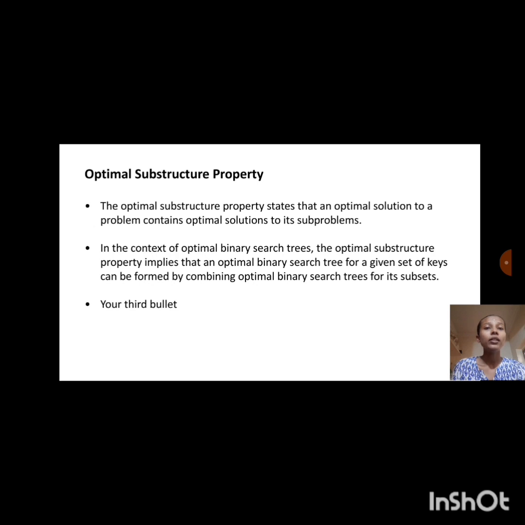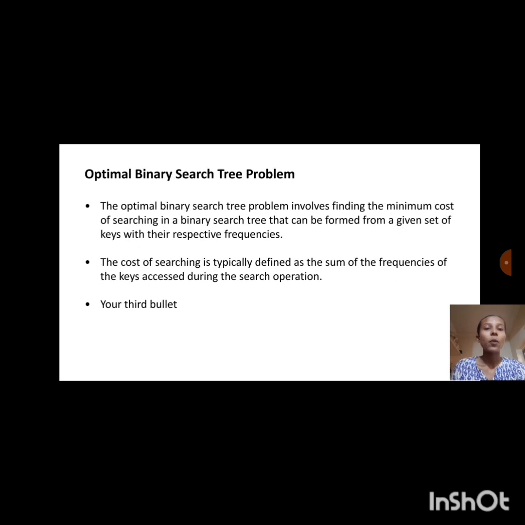In the context of optimal binary search trees, the optimal substructure property implies that an optimal binary search tree for a given set of keys can be formed by combining optimal binary search trees for its subsets.